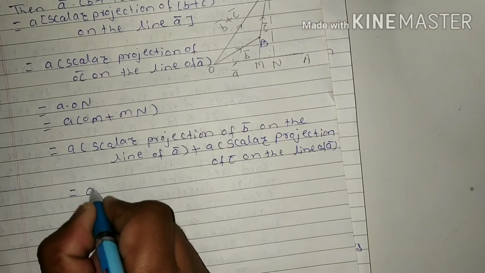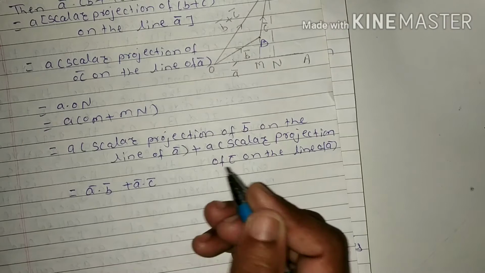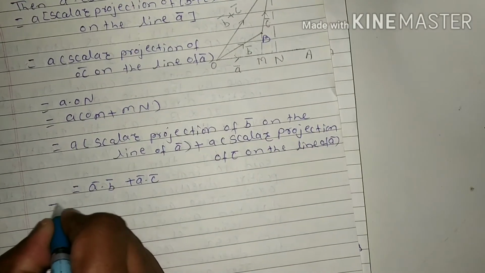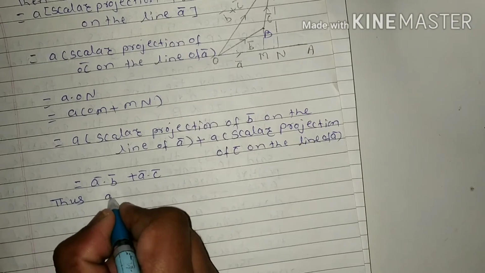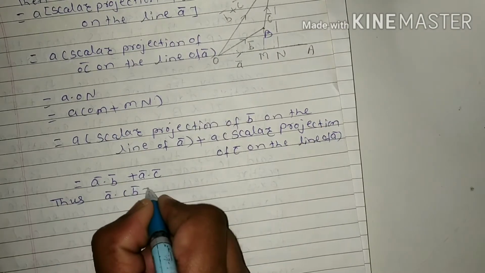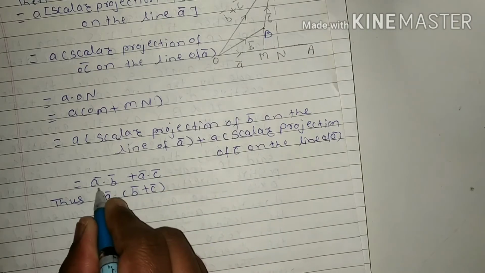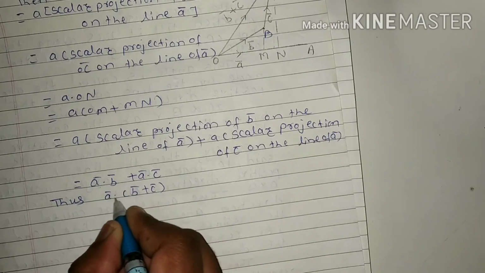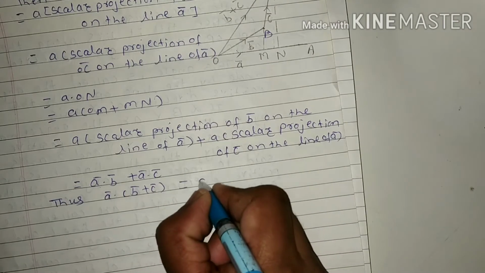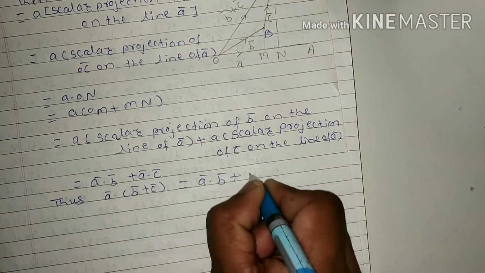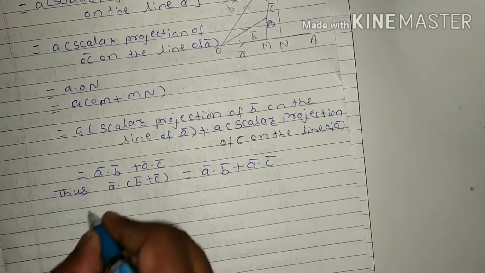This is equal to a bar dot b bar plus a bar dot c bar. Thus a bar dot (b bar plus c bar) is equal to a bar dot b bar plus a bar dot c bar. Hence proved.